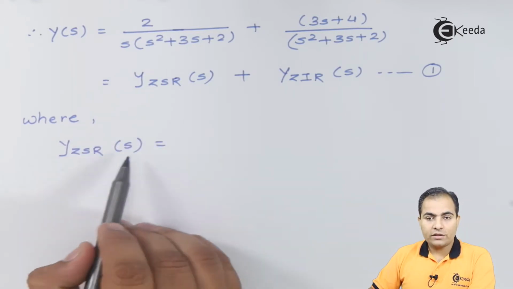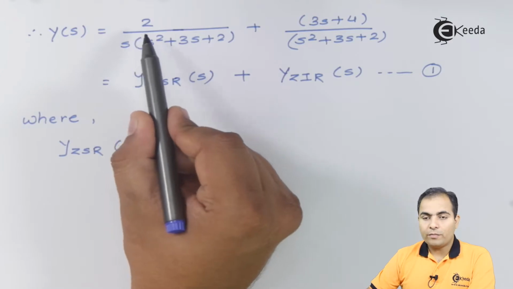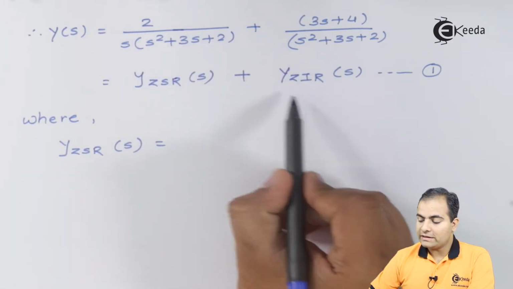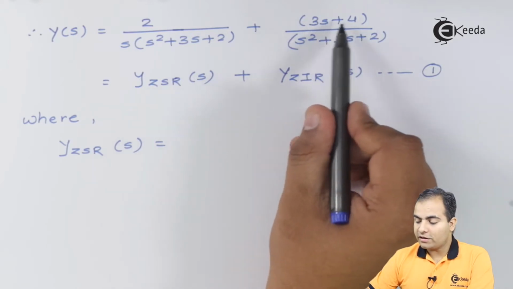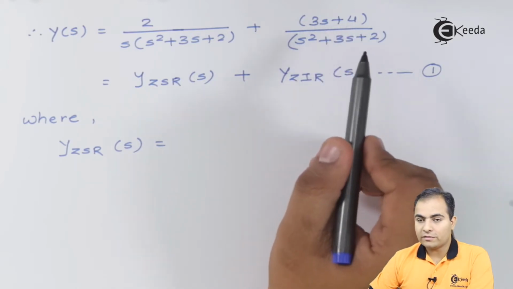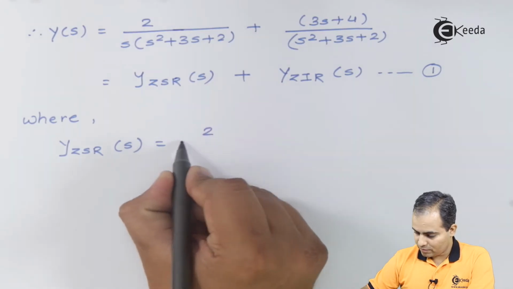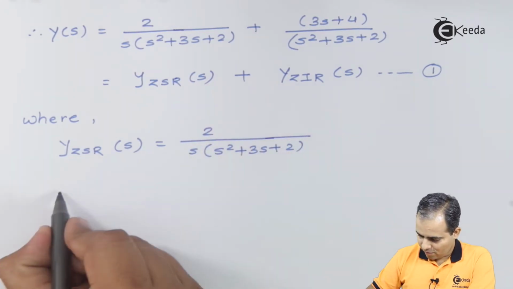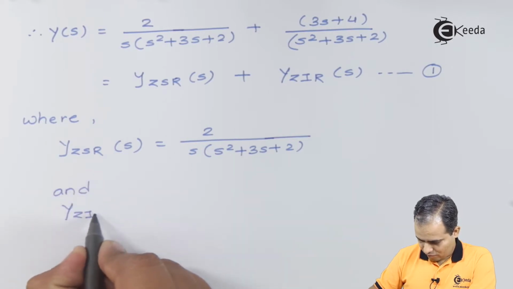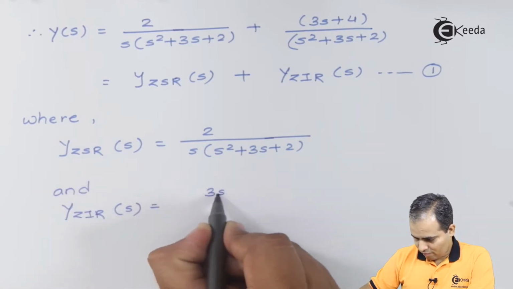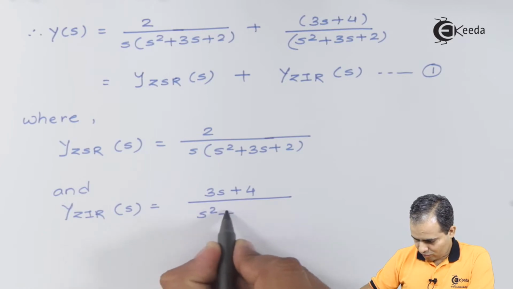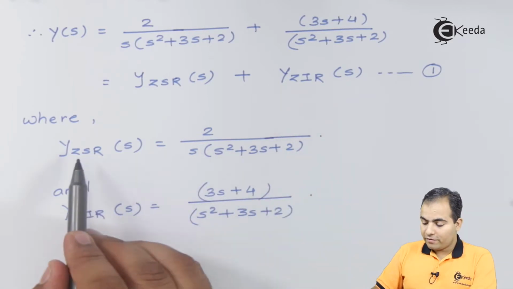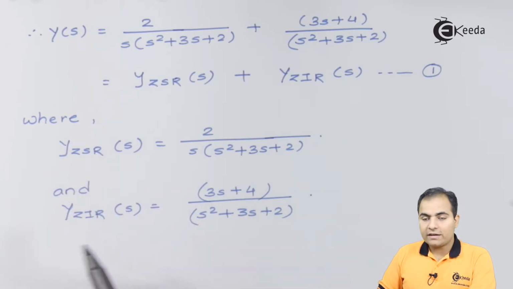My Y ZSR of s is nothing but 2 upon s into s square plus 3s plus 2, and Y ZIR of s is nothing but 3s plus 4 upon s square plus 3s plus 2. What is our next step? We are going to calculate ZSR and ZIR separately.